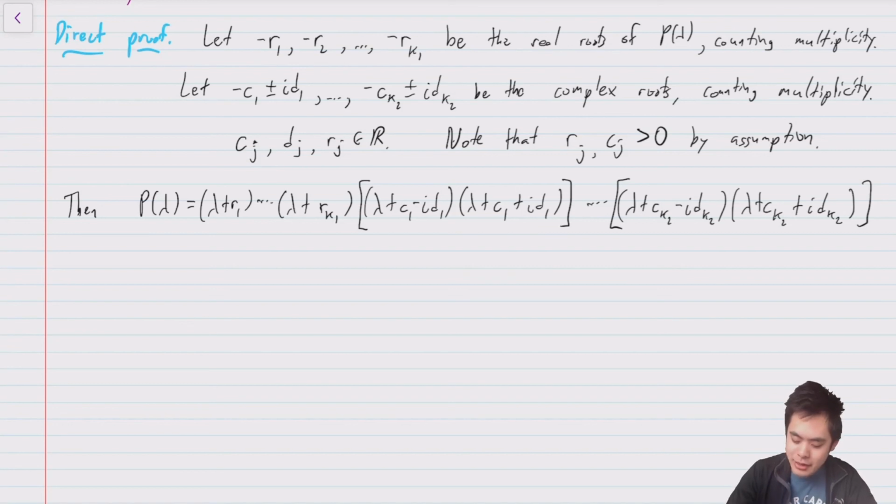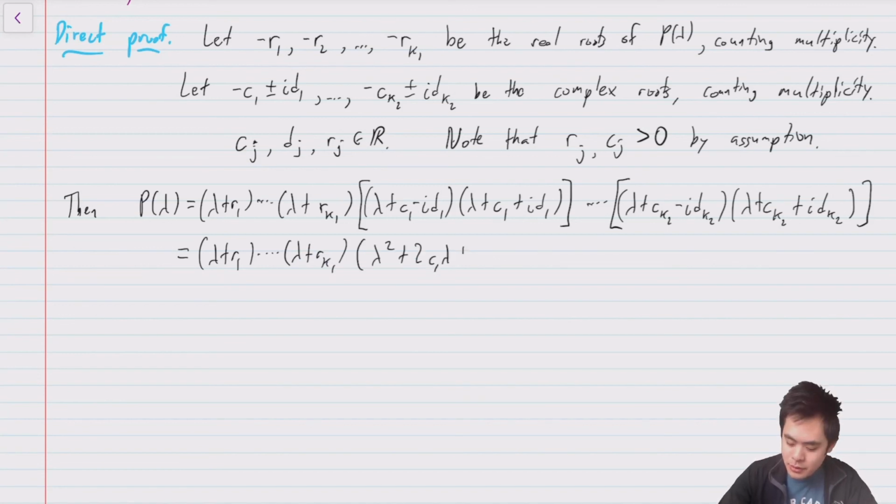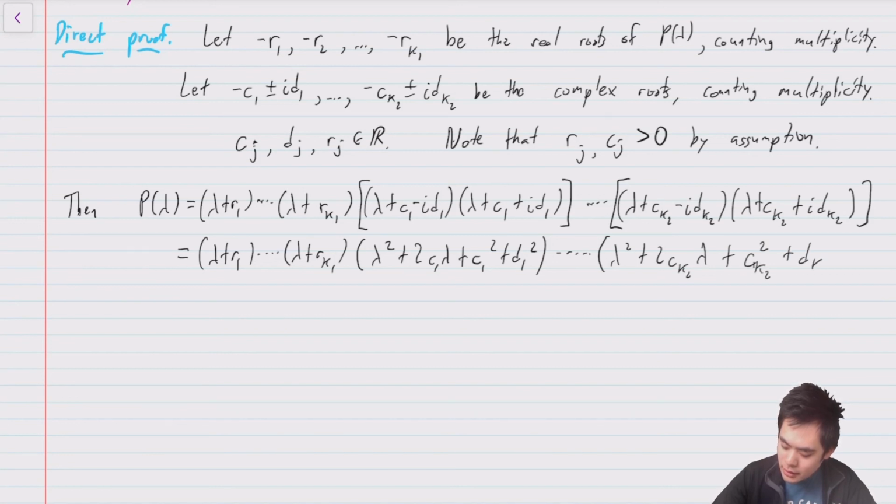Okay, so we're just factoring out our equation, and let's multiply together the complex terms. We're just copying down the real terms, and you end up with lambda squared plus 2 c1 lambda plus c1 squared plus d1 squared, times all the way through lambda squared plus 2 ck2 lambda plus ck2 squared plus dk2 squared.